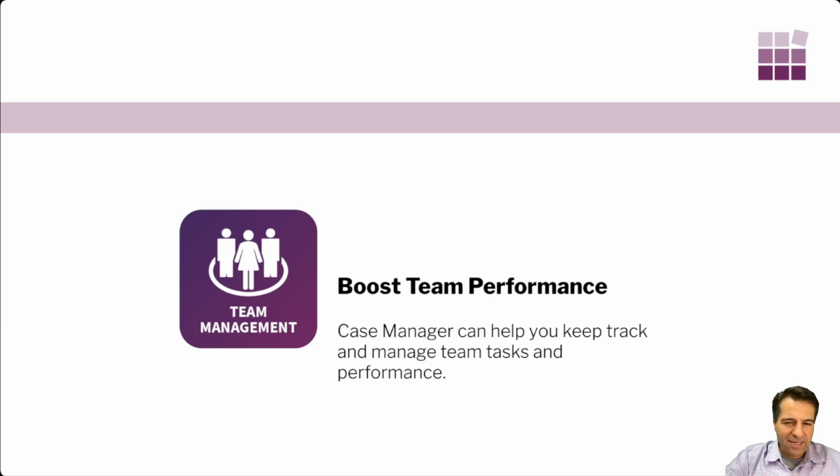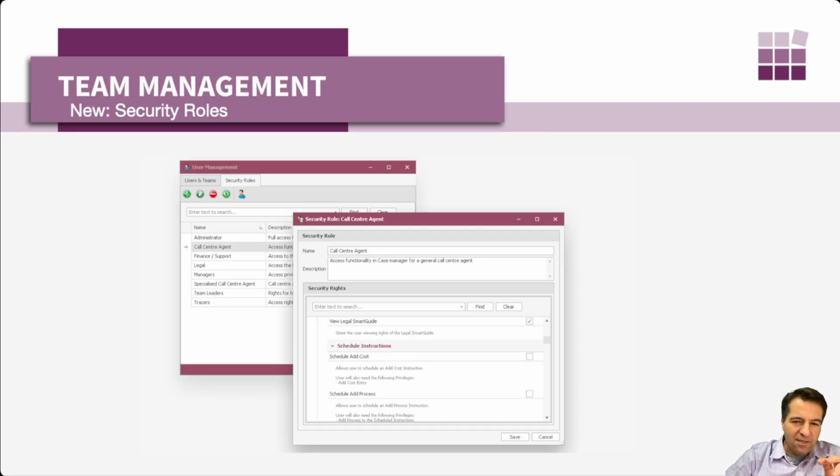So how does Case Manager 6 specifically help you boost team performance? Keep in mind, I'm not talking about Case Manager 1, 2, 3, 4, 5 functionality. This is Case Manager 6 that I'm focusing on. We added this new feature where you now have role-based security. So we all know that this was missing. Finally, it's here.